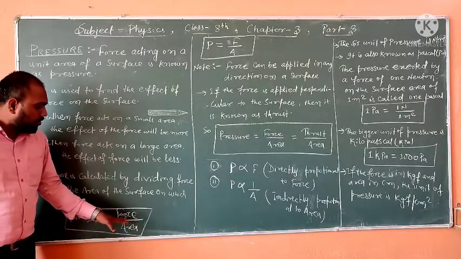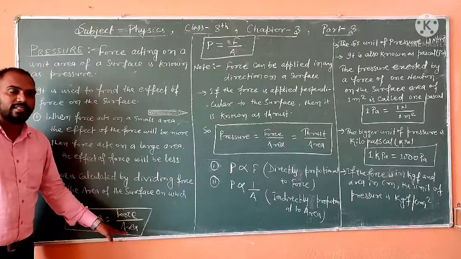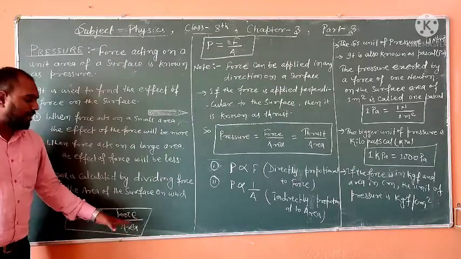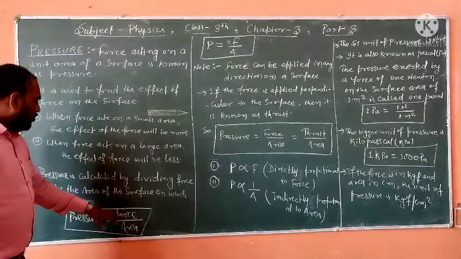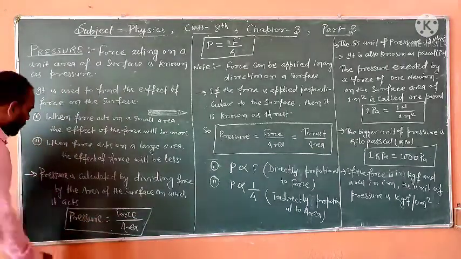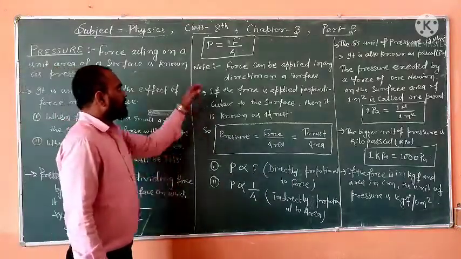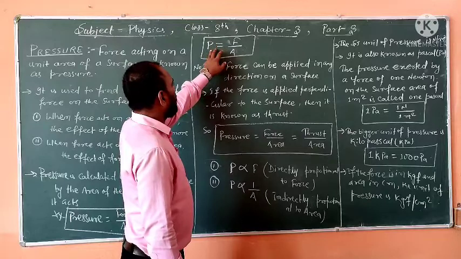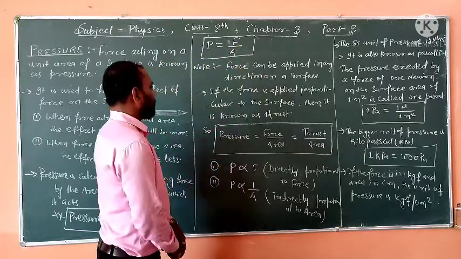Do you understand? Force has an SI unit, the newton, and area has an SI unit, meter squared. I have taught you this in the previous chapters. So pressure is equal to force upon area. You have to remember this formula. Written in short, P for pressure, F for force, and A for area.